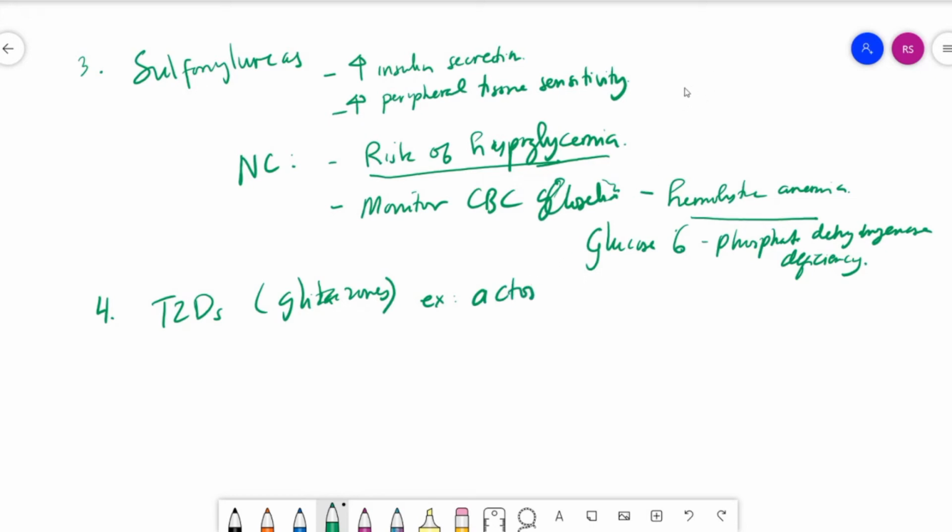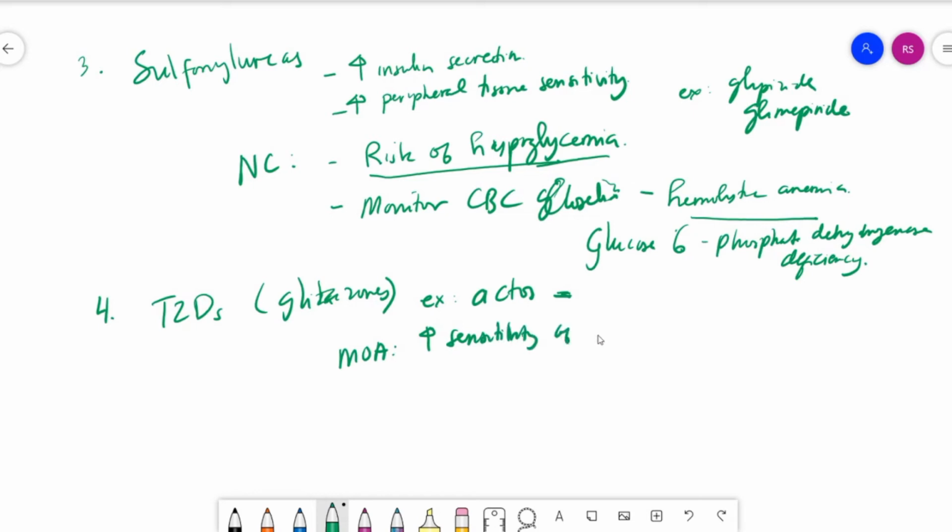I forgot to mention, other examples for this class are glipizide, glimepiride. So this one is Actos. I don't see this as common as it used to be because of some of the side effects and adverse effects.